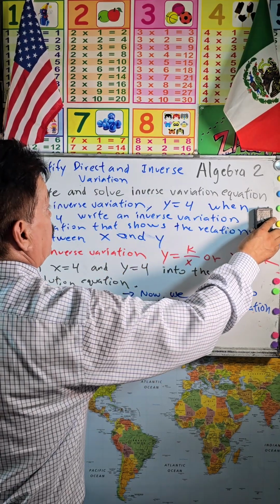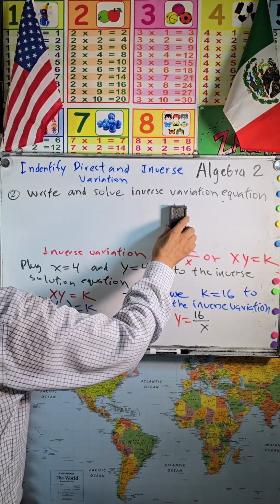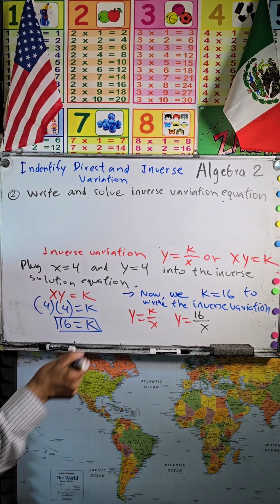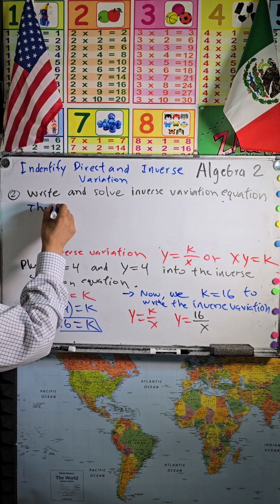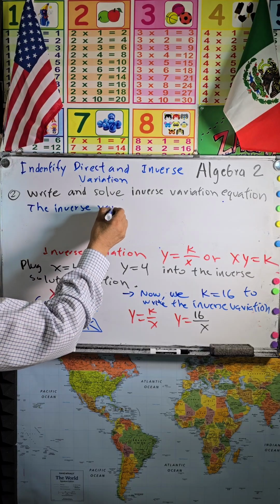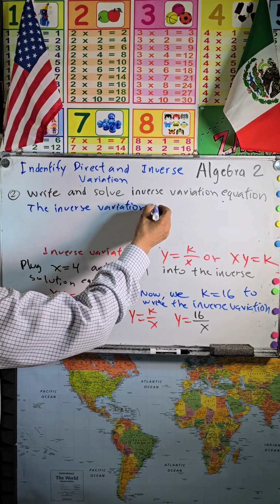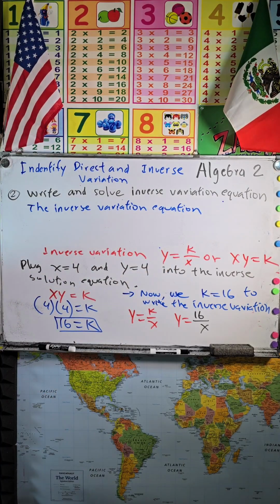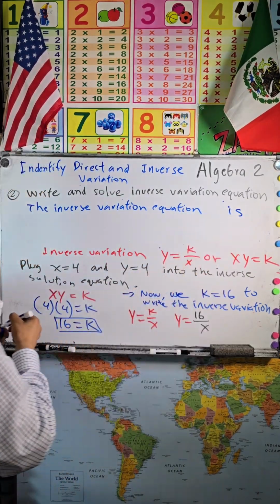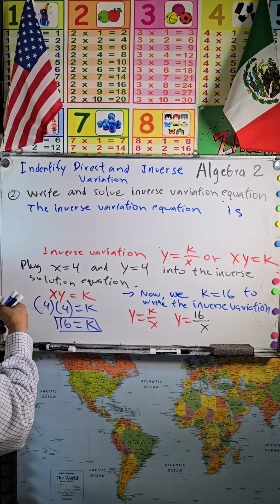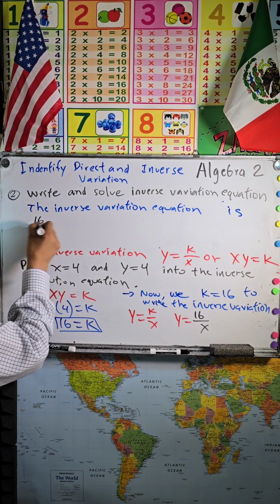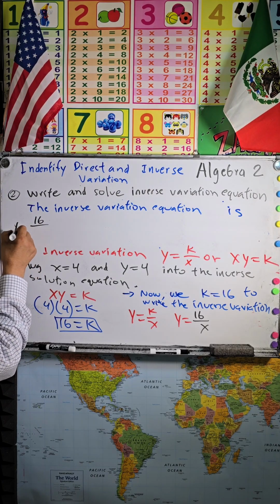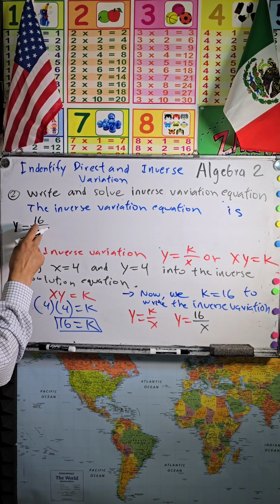I will erase the problem, okay? To write the conclusion here. So the inverse variation equation is, like we told you, y equals 16 divided by x.